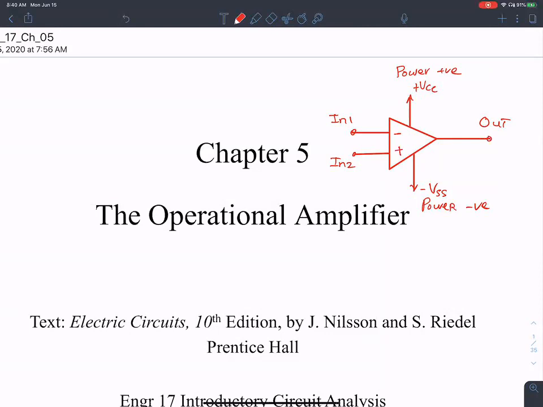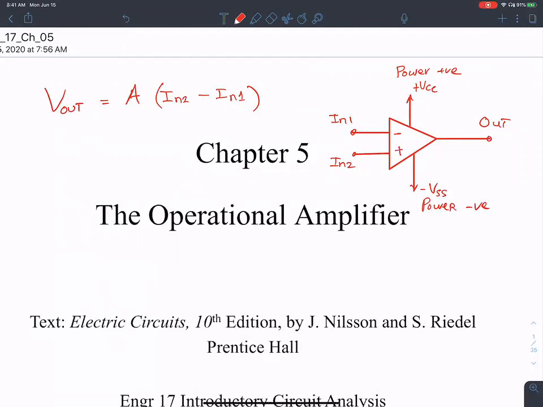Fundamentally, what it does is it looks at the inputs and calculates the difference between them, input 2 minus input 1. Okay, and that difference is amplified to give you some output, V output.